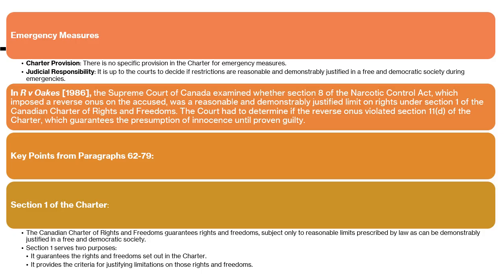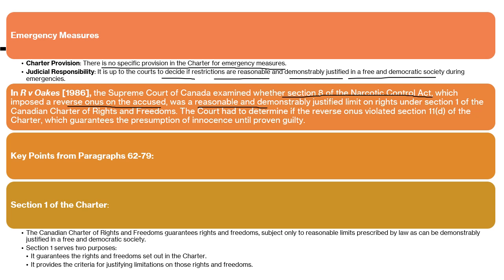Then on emergency measures. There is no specific provision in the charter for emergency measures. It is up to the court to decide if restrictions are reasonable, demonstrably justified in a free and democratic society during emergency. So in R versus Oakes 1986, the Supreme Court of Canada examined whether Section 8 of the Narcotic Control Act, which imposed a reverse burden on the accused, was a reasonable, demonstrably justified limit on a right under Section 1.